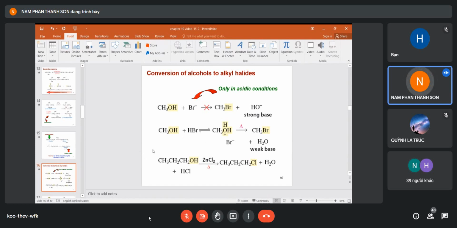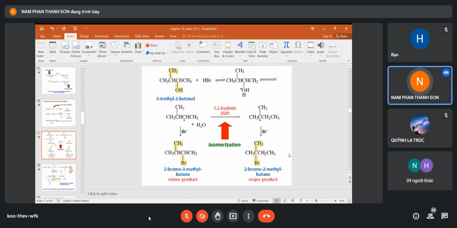Instead, we have to use HBr or HCl, because in this case the leaving group is water, which is a weak base. We always have to move from stronger to weaker. And because we have a carbocation, again we might have rearrangement in this reaction.